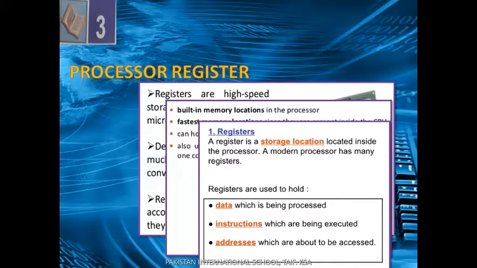We have different types of registers used to perform different tasks. One register, maybe a data register, is used to store your data, instruction registers are used to store information related to your instructions, and address registers are used to store your addresses.